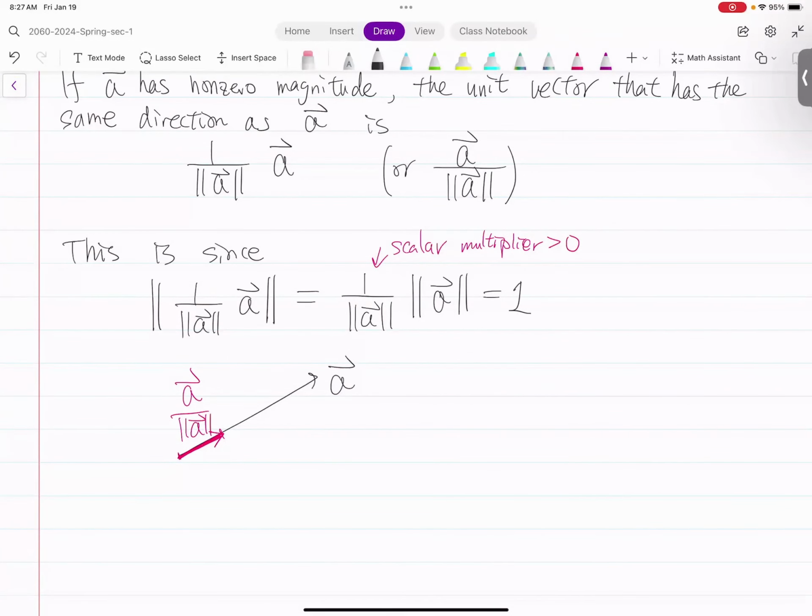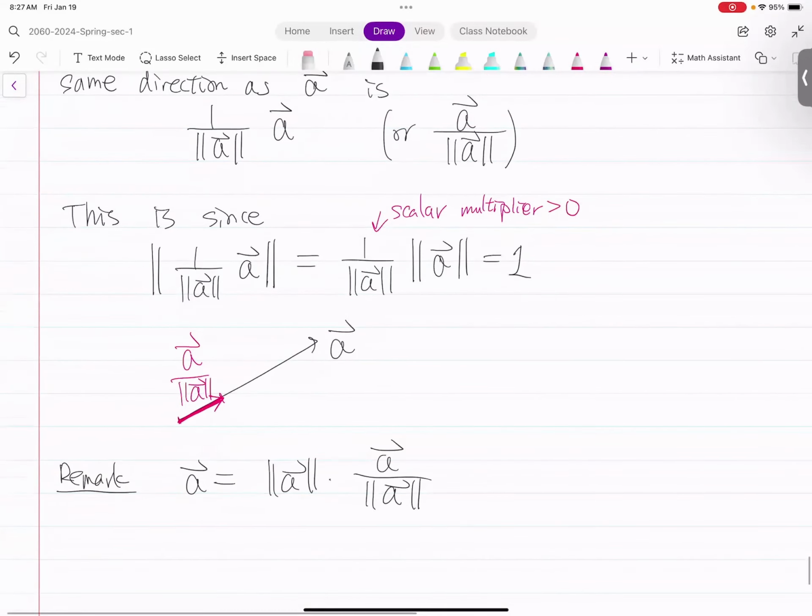Remark. Now we have isolated two important features of the vector, namely the magnitude and the direction. So we can always write this down.